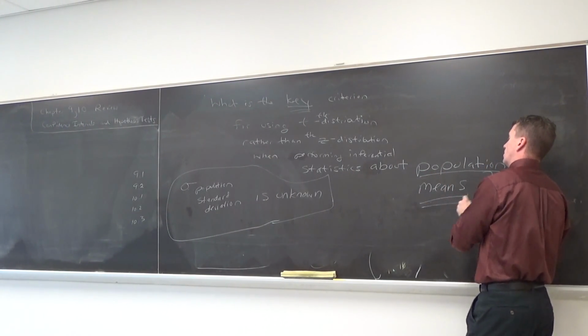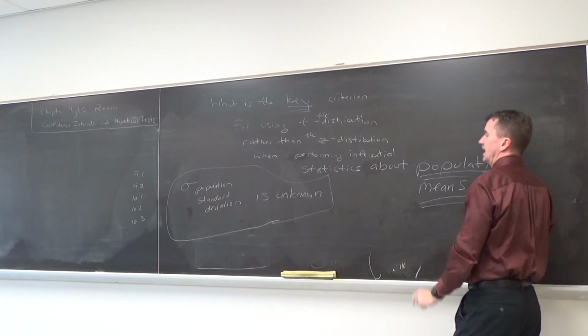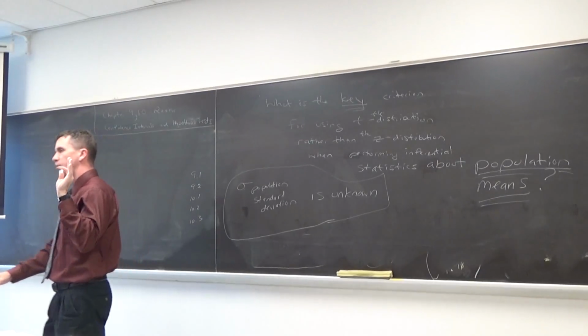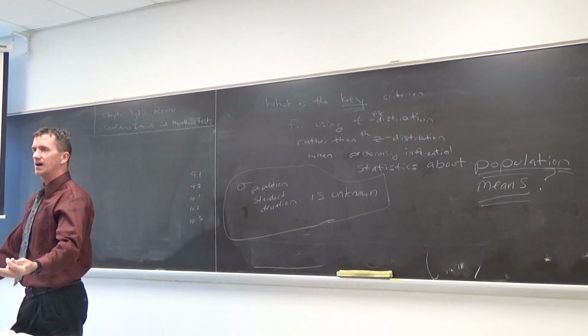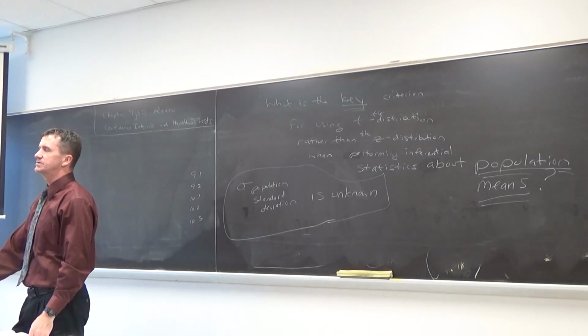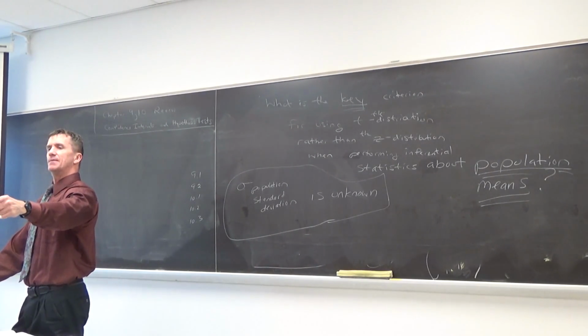So that's the answer. Everyone, we all know when we deal with means, we're not going to use the Z distribution, we're going to use the what? The T distribution, true?